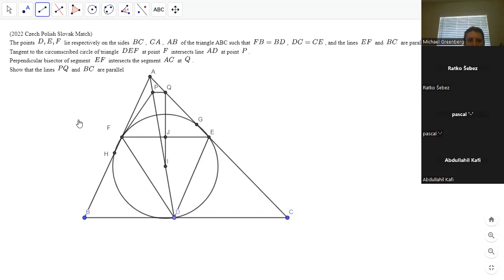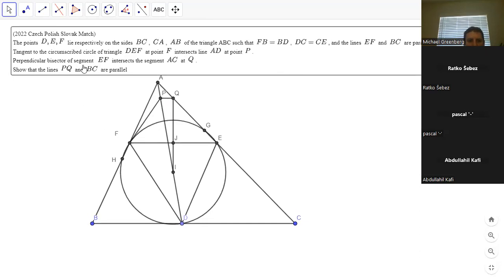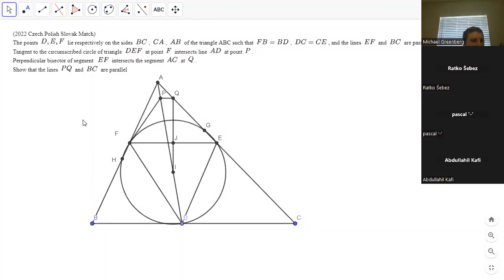It basically says that if we have these points F and D, such that BF is BD and CE is CD, it doesn't matter that FE is parallel to BC, then AI, FE are cyclic. And that's just an angle chase, probably. Yeah, it is an angle chase. And for proving PQ is parallel to BC, we need to prove obviously that it is parallel to FE.